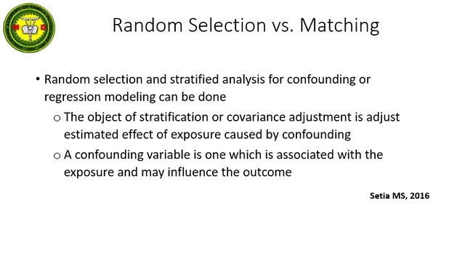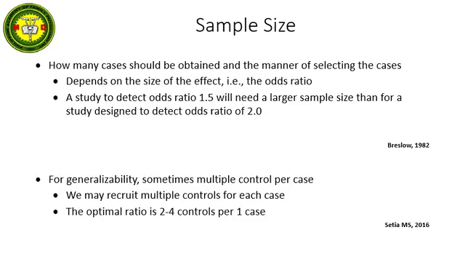So random selection, and then later on, if there are really differences between the case and control, then you can just do a stratified analysis for confounding later on. So this random selection can actually save you more time and difficulty as compared to matching. So random selection would be a good alternative to matching.